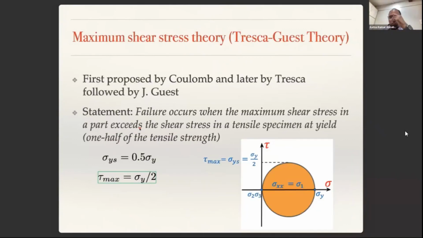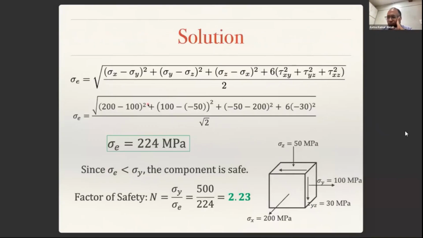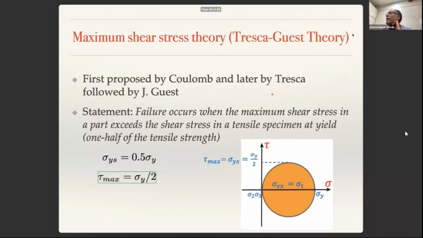All right. So until now, what we have looked at was distortion energy theory, which is very good for ductile materials. Correct. And now let us look at the next failure theory, which is called the maximum shear stress theory.